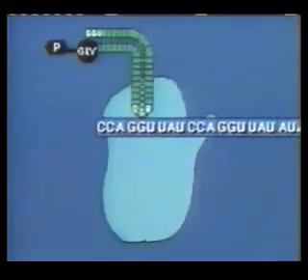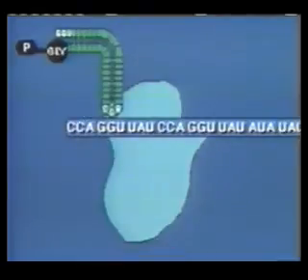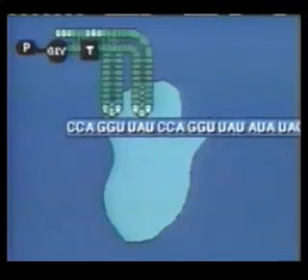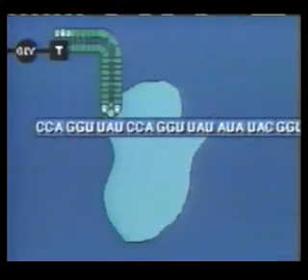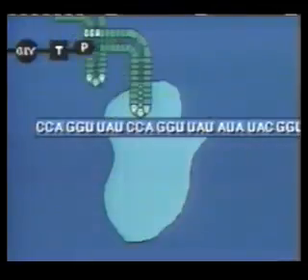Once more, the ribosome moves along the messenger RNA strand the distance of one codon to receive the third transfer RNA molecule with its amino acid passenger. Thus, the polypeptide chain of amino acids elongates until the synthesis of the specific protein is complete.